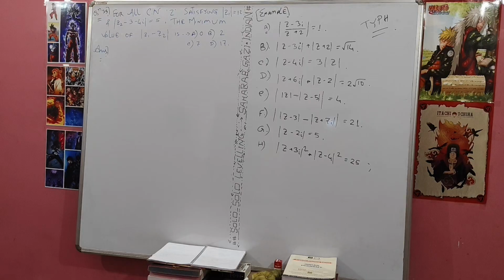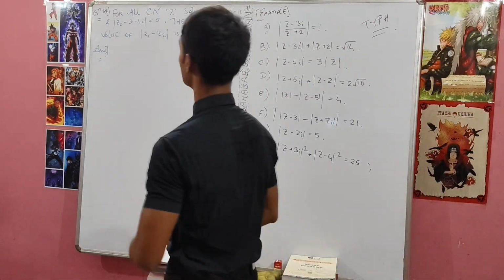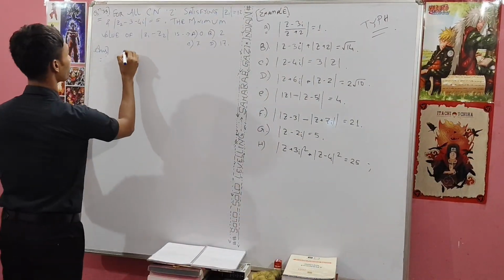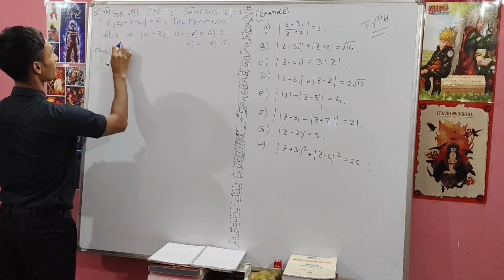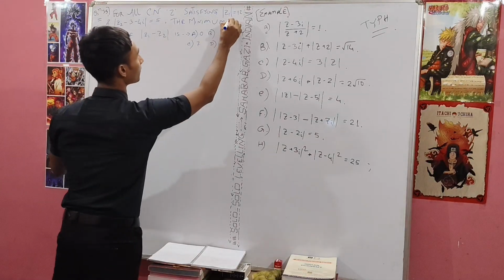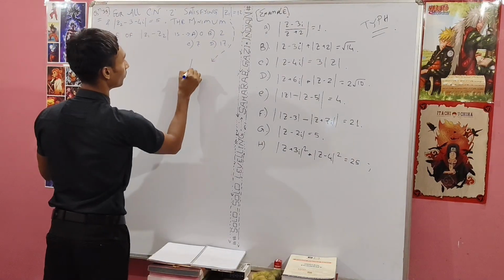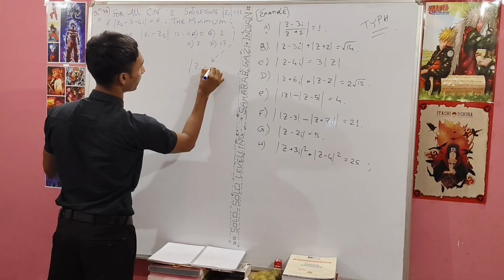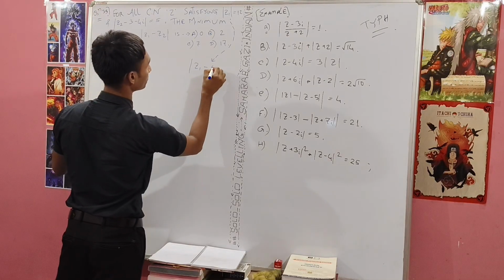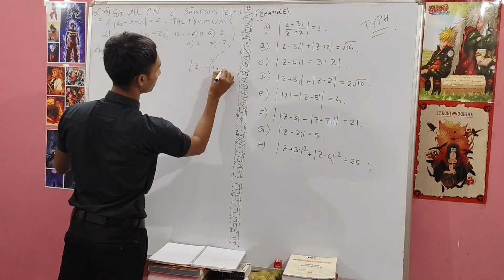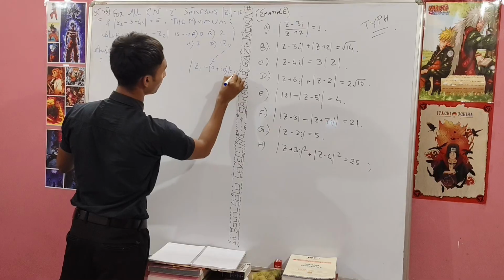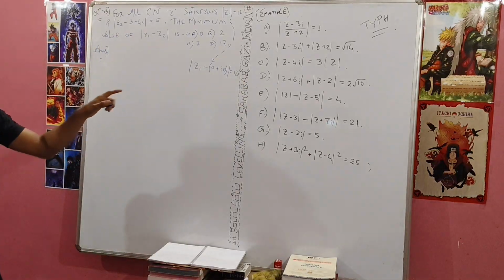That's why it's given z1 and z2. In the first equation, mod of z1 is equal to 12, it's actually written as mod of z1 minus 0, 0 plus 0 is equal to 12, get it?